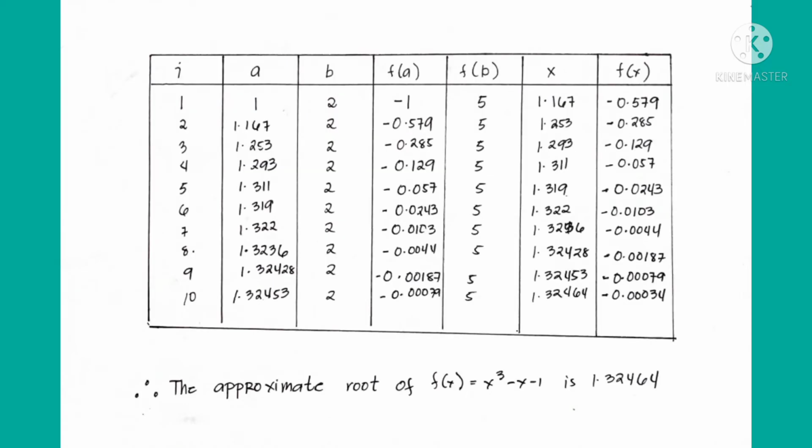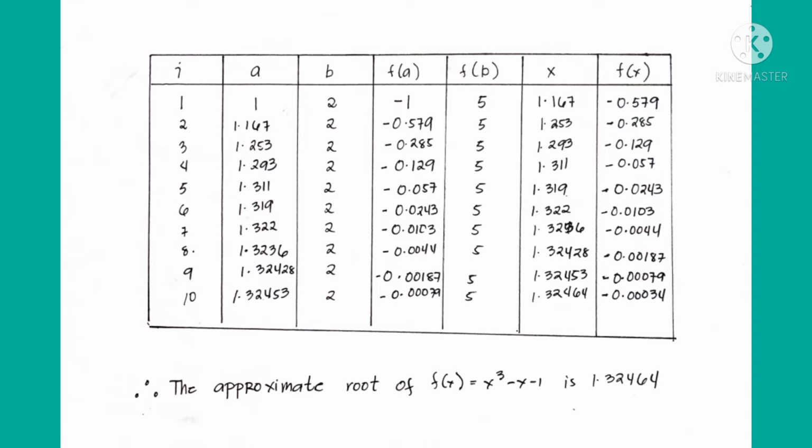Now, let's find the root. Here is a table in which you can find the number of iterations, A, B, f of A, f of B, x, and f of x. Take note that we should stop if the root is being repeated.